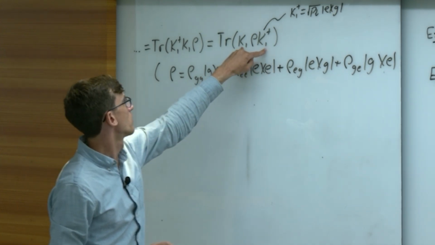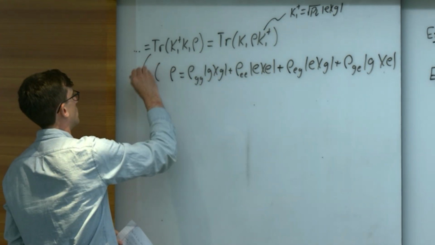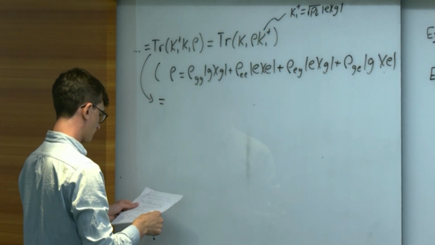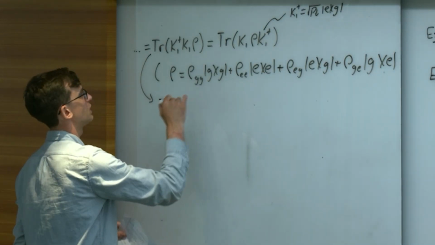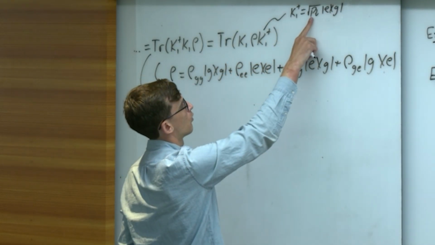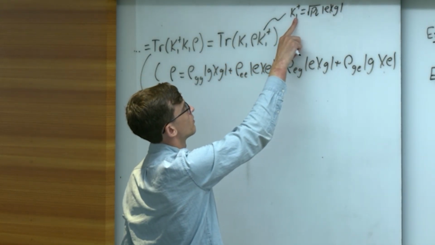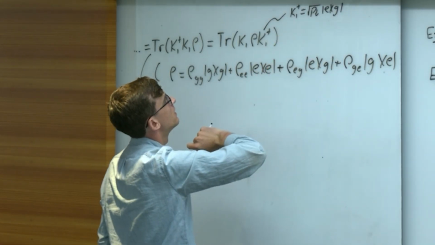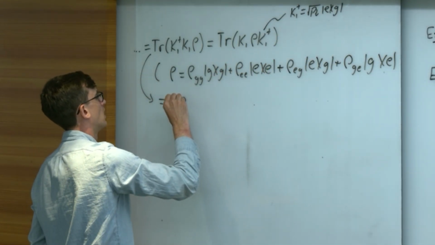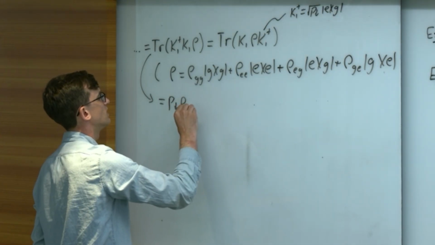So I get one square root of P_down from K1 dagger, and one square root of P_down from K1. So this is going to equal P_down rho_EE.